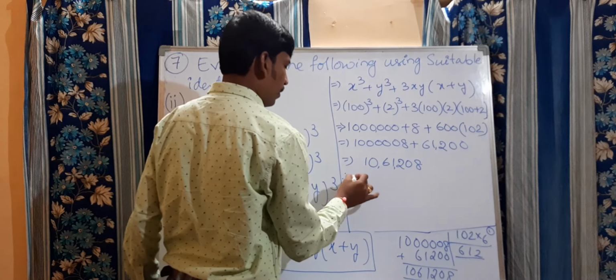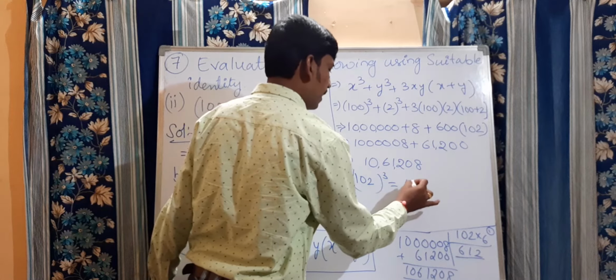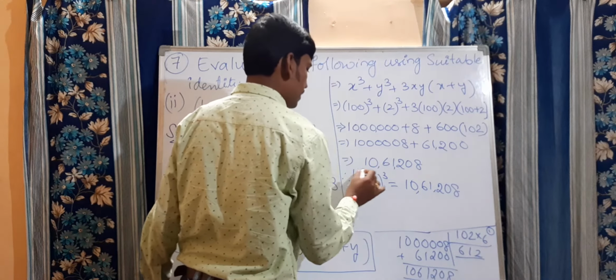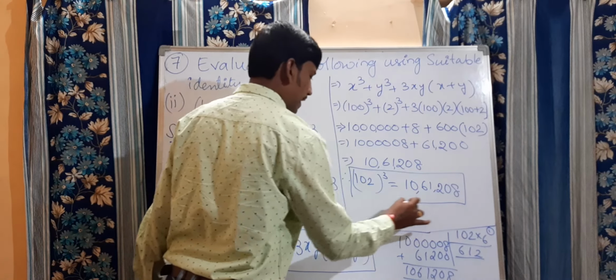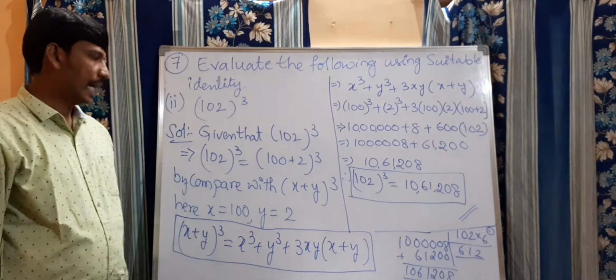Clear? So therefore 102 whole cube is equal to, what is the answer here? 10 lakhs 61,208. This is your answer. So in an easy way, if you apply identities, you will get the answer very easily. I hope you understood that.